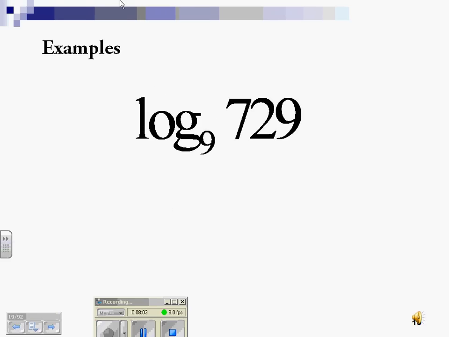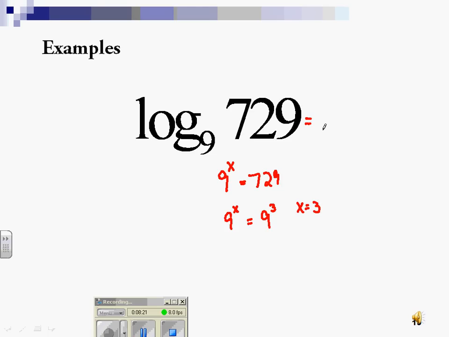Okay, another example. Equals something. So 9 to the x has to equal 729. 9 to the x has to equal 729 is the same thing as 9 to the third. So therefore, x equals 3. So my answer is 3.